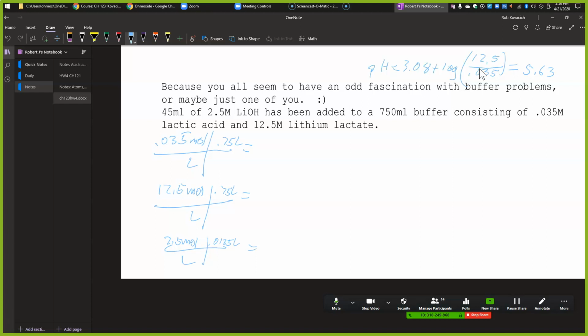All right, so 0.035 times 0.75 is 0.02625, and then 12.5 times 0.75 is 9.375.